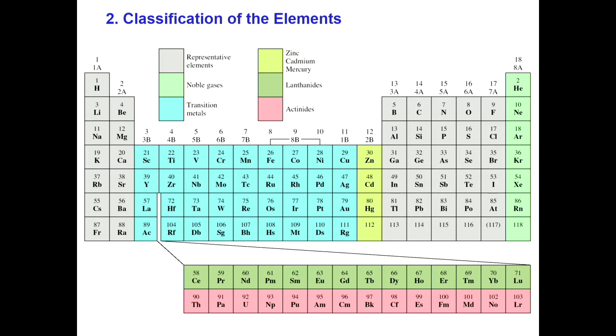And the center elements are called D block elements. We also know there are two series of inner elements. One is about lanthanides, and this is about actinides.